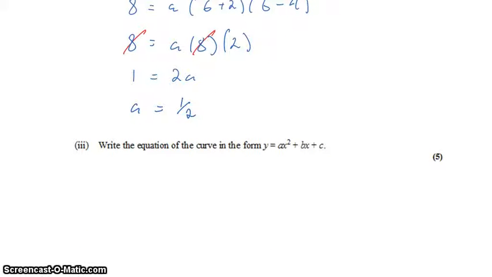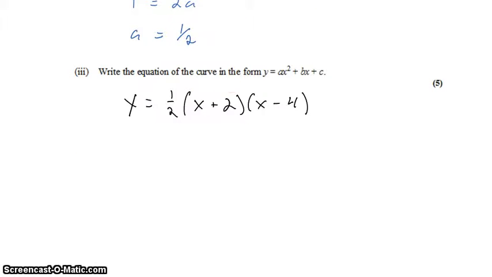So now, knowing the value of A, I can complete the equation and transform it into this polynomial form. So I know that Y is equal to A, X take P, X take Q. And I just need to transform this into polynomial form, and I'll do that by foiling these 2 brackets.